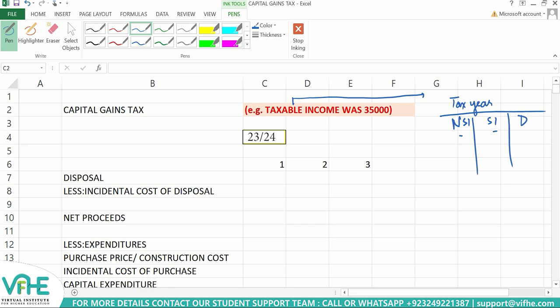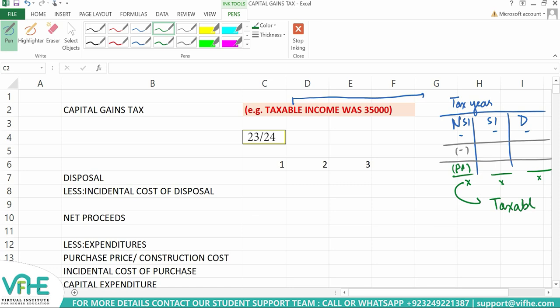The first step is segregation of income into the non-savings, savings and dividend columns. Then we come to the second step, which is deduction of interest paid on qualifying loans. And afterwards, we apply the third step, which is deduction of personal allowance. Once personal allowance is deducted, the value which is left behind, that's an important one, is said to be the taxable income.